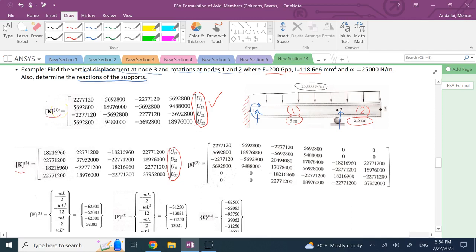And now you add these two K's together, and you're going to get a 6 by 6 here. Why 6 by 6? Because I have 6 total displacements, right? I have 3 nodes. Each node has 2 displacements. So these are going to be U11, U12, U21, U22, U31, and U32. And you combine these two, as I showed you in the past, and you get this 6 by 6 K G. Okay, clearly you're going to have a lot of overlap. Which areas have overlap?